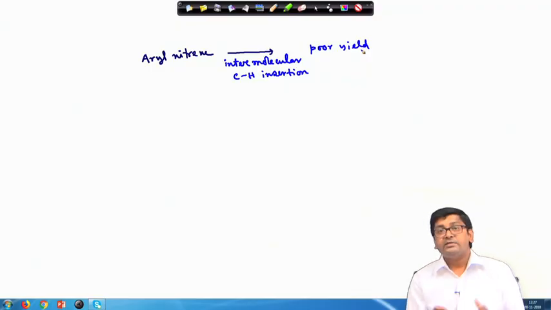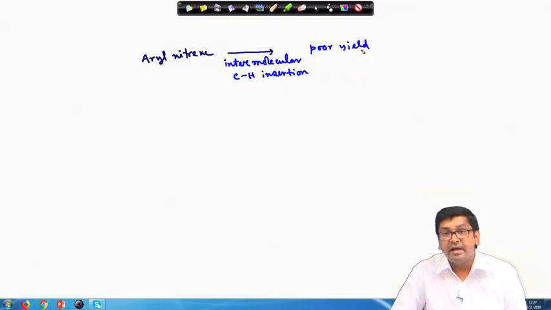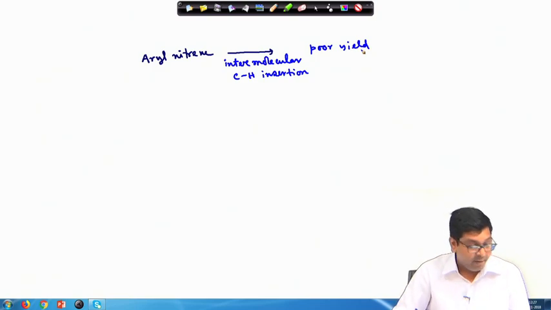Okay. What we have seen is that instead of aryl nitrene, if you take sulfonyl, acyl or cyano groups, then this type of insertion will give better yield.